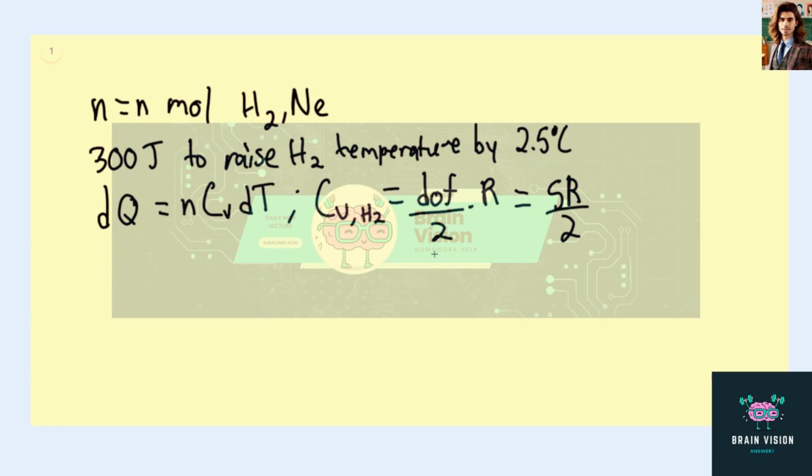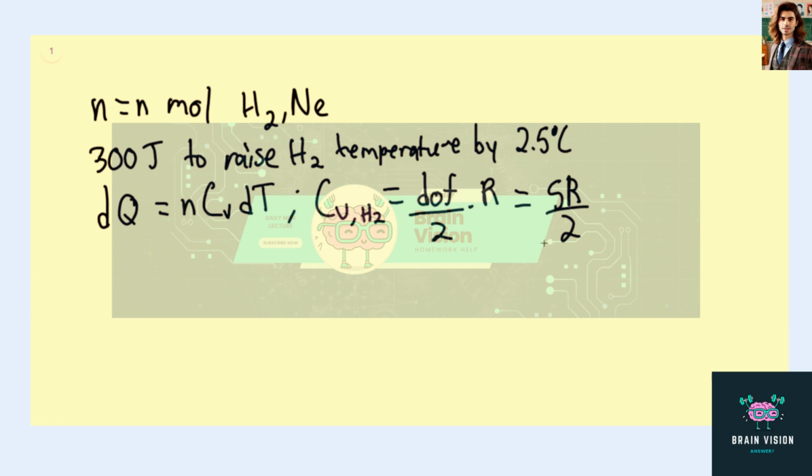And then we have to consider rotational. Rotational degrees of freedom occur with diatomic gases. For diatomic gases, there are 2 degrees of rotational motion. However, when you look at neon, neon is only 1 atom.